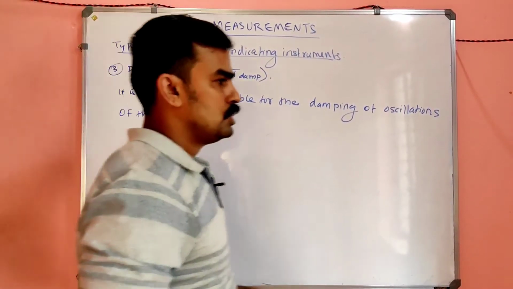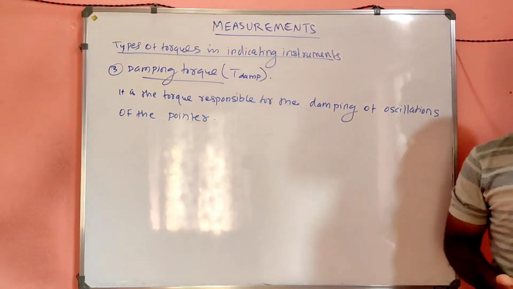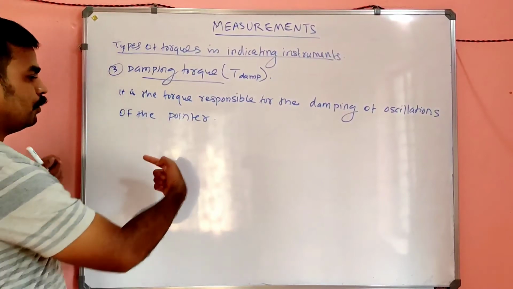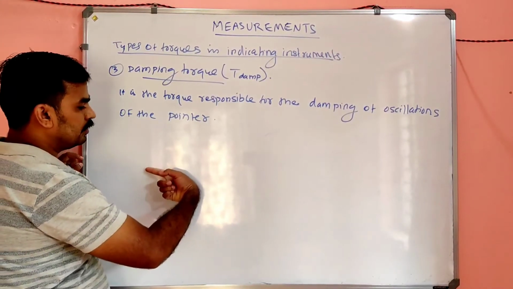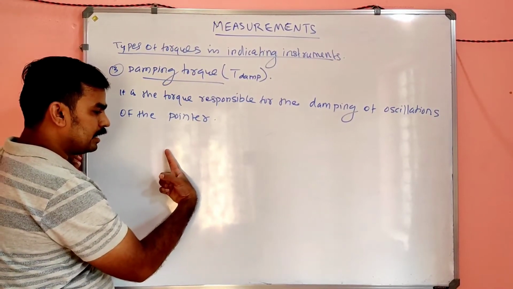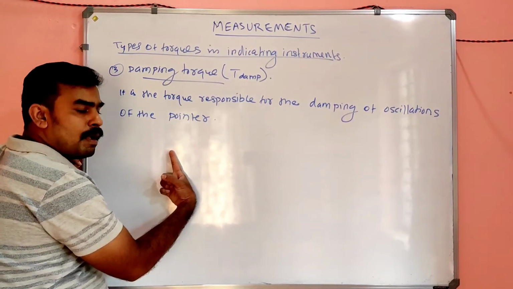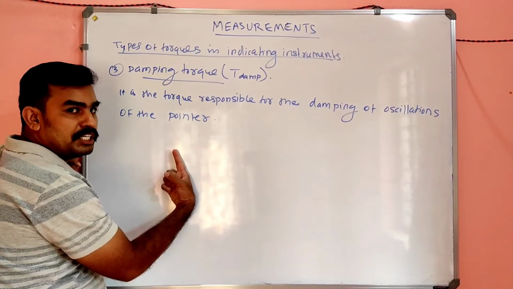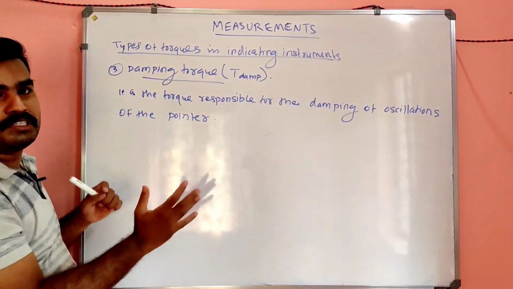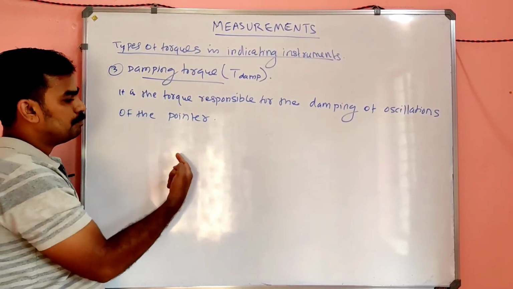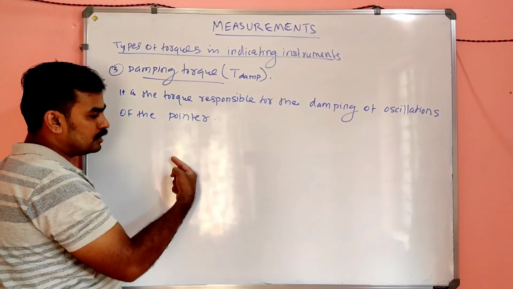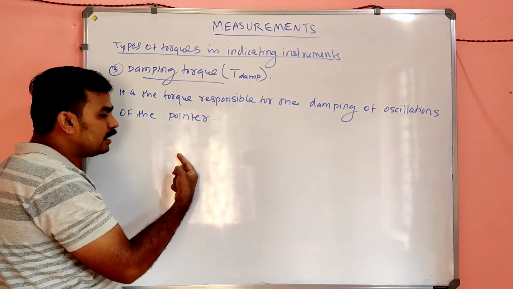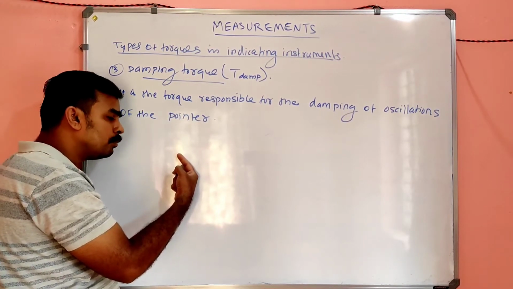I will tell you. We applied a deflecting torque so that the pointer can start from its 0 point, and due to the controlling torque it stops somewhere. At the point of stopping, in the ideal case TD equals TC, and it will stop. But practically, at the stopping point, the pointer cannot stop immediately, my dear.